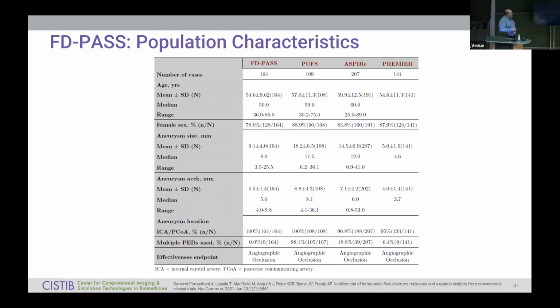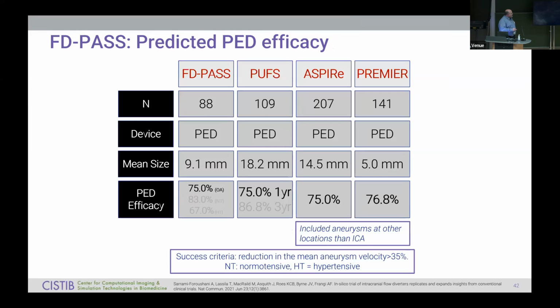One thing I should say is there are 88 patients in our study, but each of them we model as normotensive and hypertensive. It's like 2 patients from each of them in 2 different physiological regimes. All of the other studies mix, they don't control for hypertension. So what we observe is that the overall effectiveness is in the same range as the 3 trials.